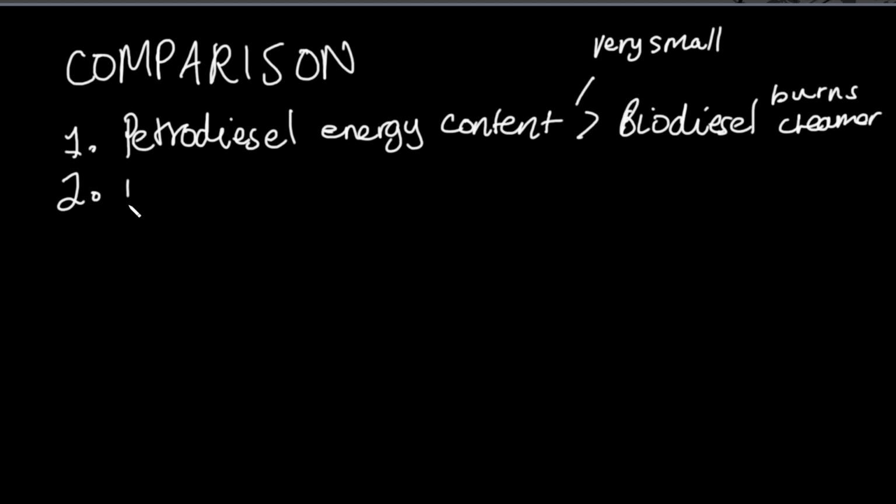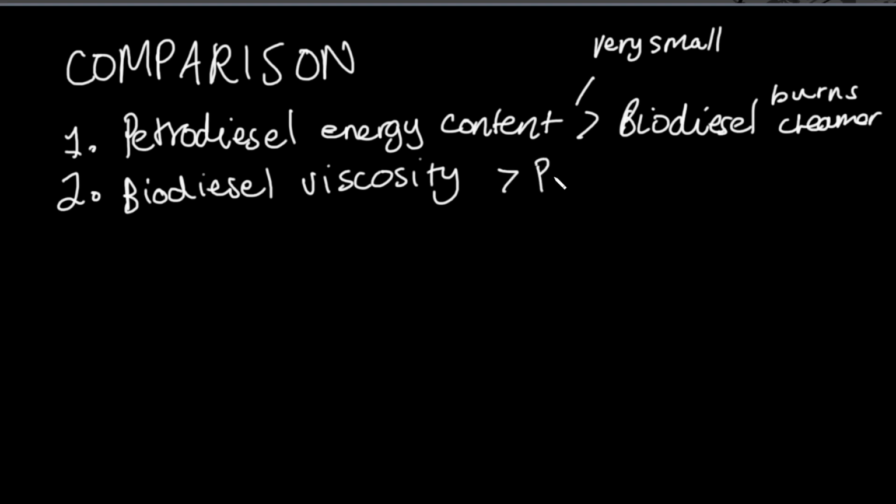Two, biodiesel has a really high viscosity when we compare that to petrodiesel. Now, the reason why is if you had a look at the structure of biodiesel, you know how I mentioned multiple times that it is a fatty acid ester.